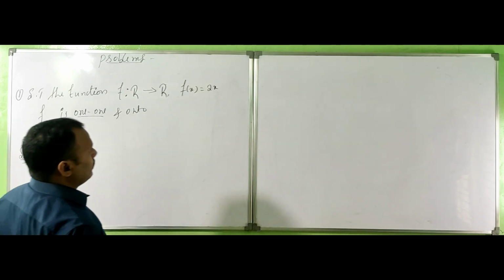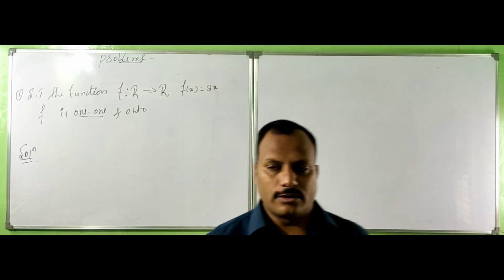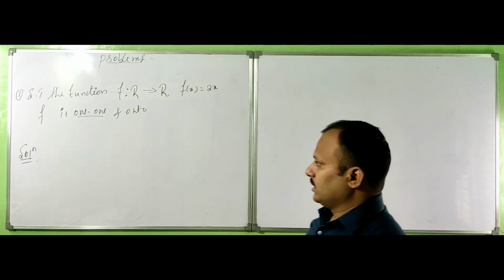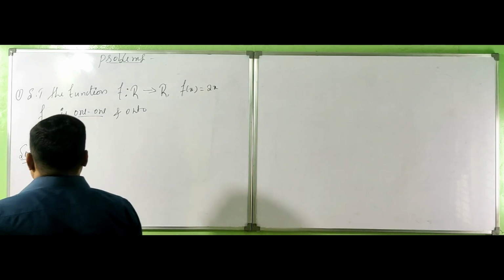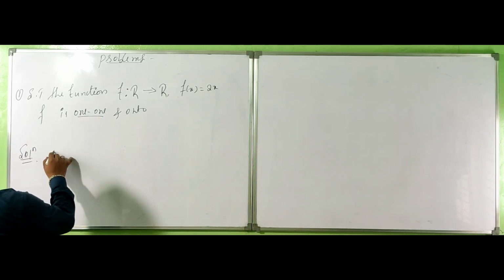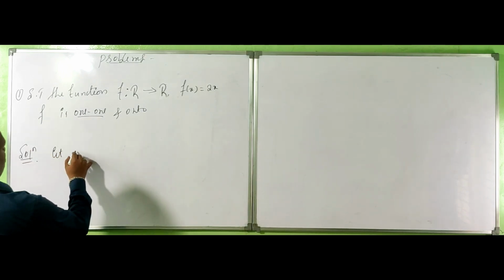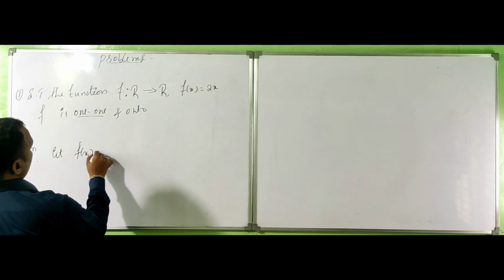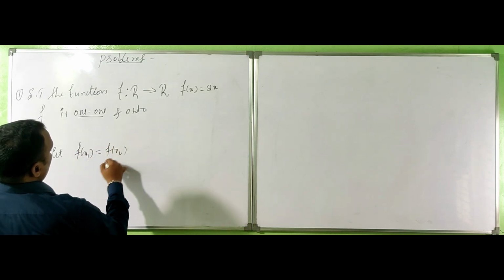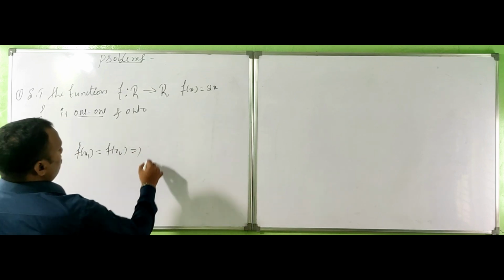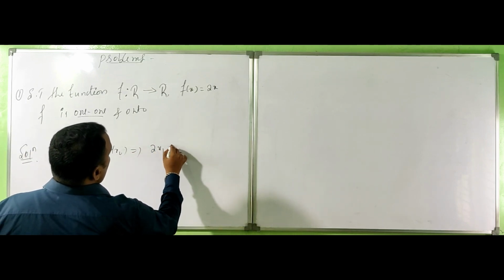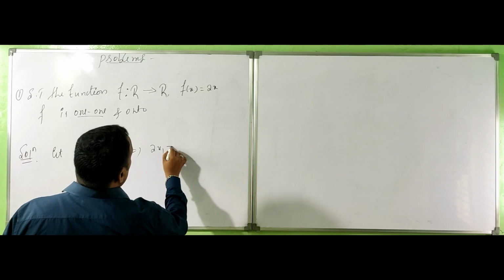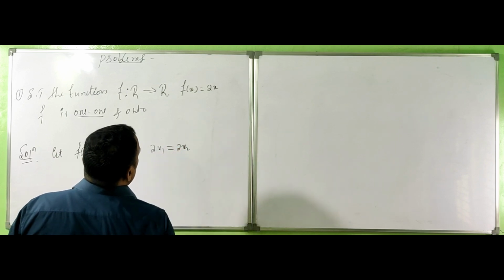Solution. The real number set. Real numbers have all rational and irrational numbers. Okay. Now again let us write f of x1 is equal to f of x2. This implies that 2 of x1 is equal to 2 of x2.